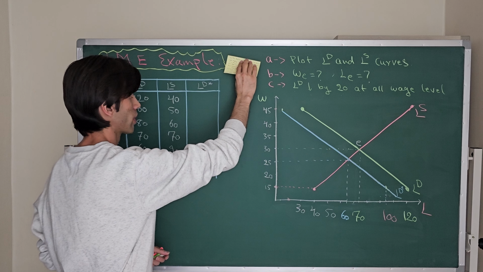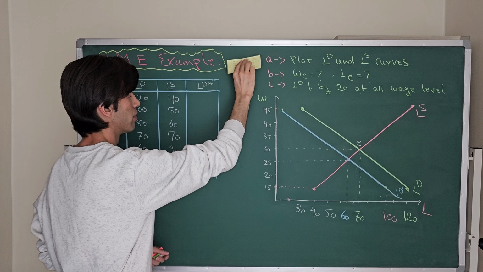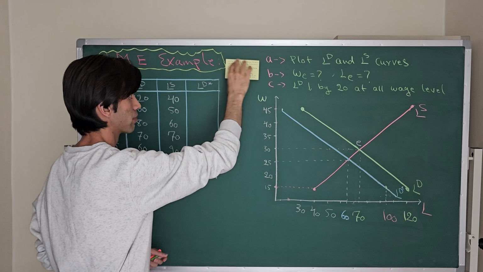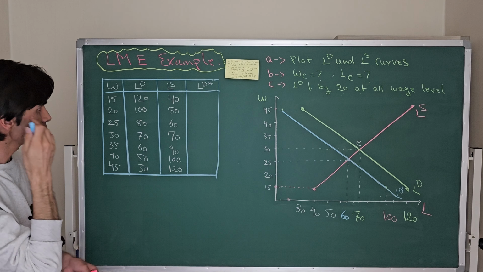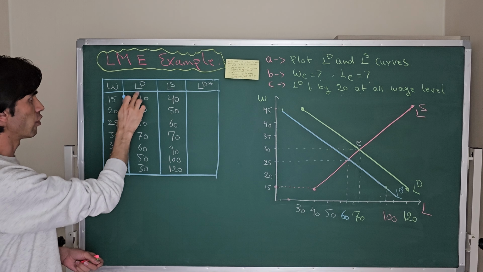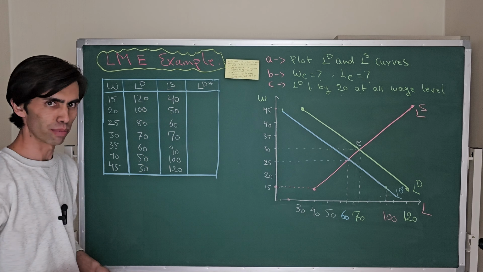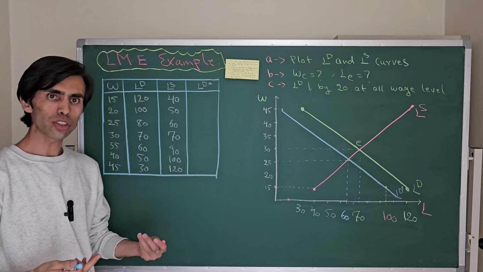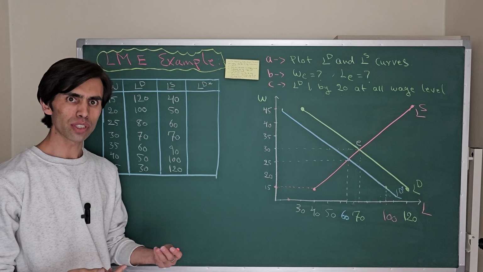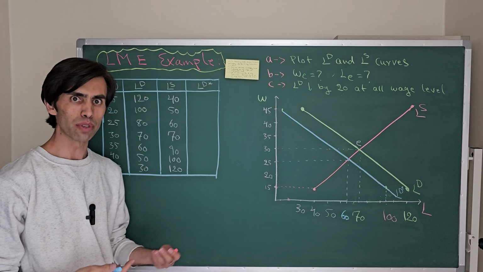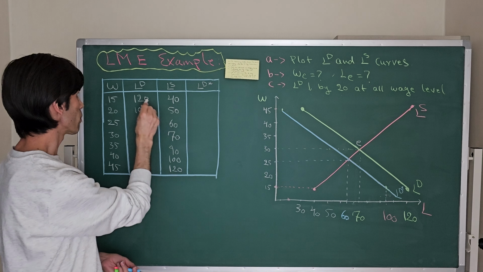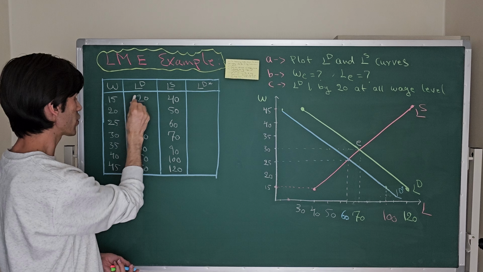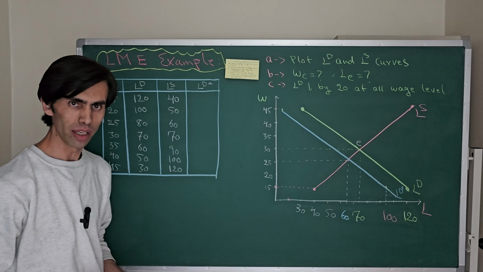Let's solve it. Let's start from the first one, A, which is to plot the labor demand and labor supply curve. So we have wage rate, we have labor demand, and we have labor supply. In order to plot the curves, we have to map each pair of wage, labor demand, and labor supply.